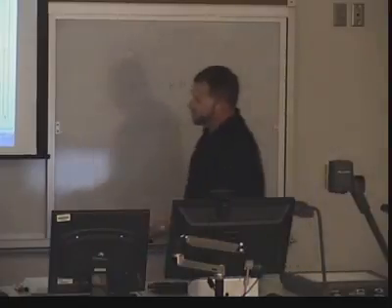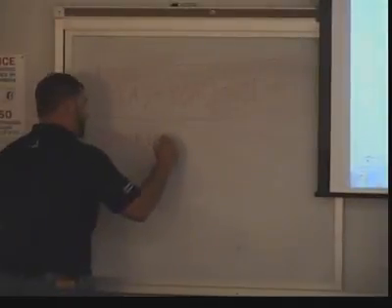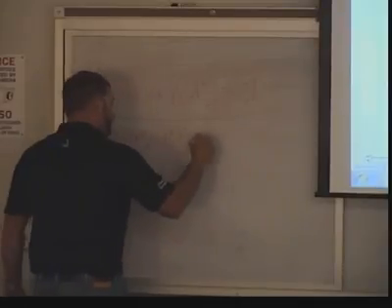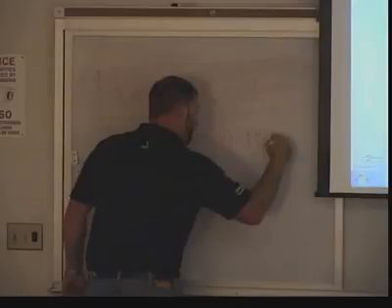So the two rules we really want to get out of this are probability of A plus its complement is 1, and the probability of A union B is equal to the probability of A plus the probability of B minus the probability of the intersection.